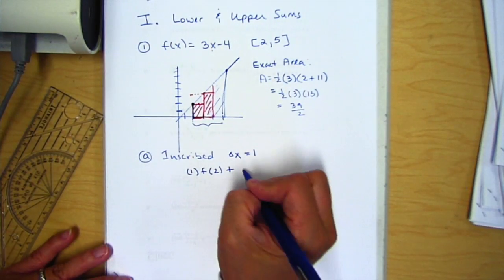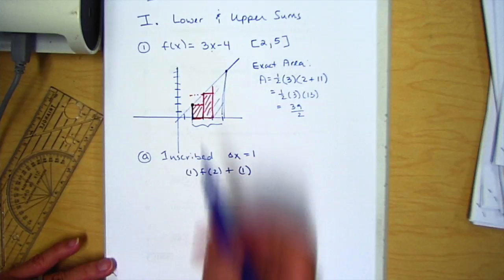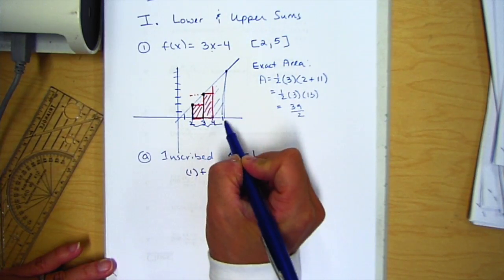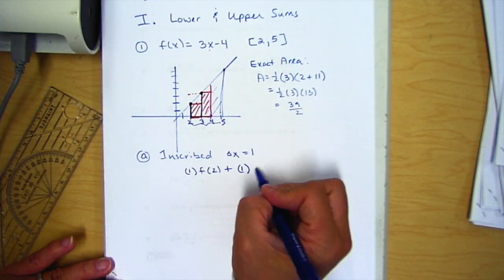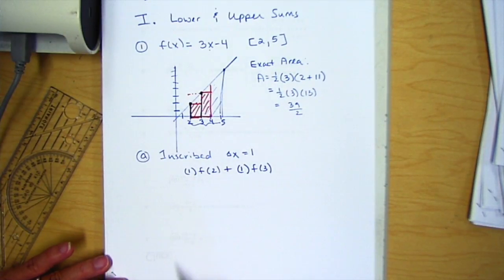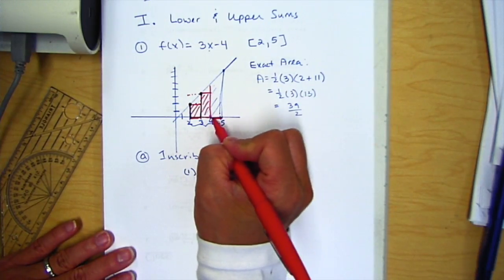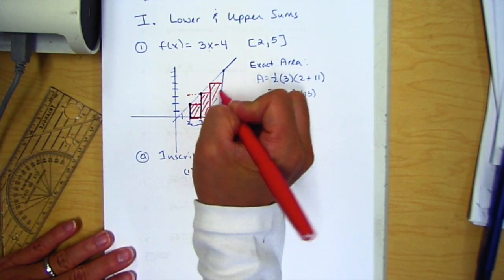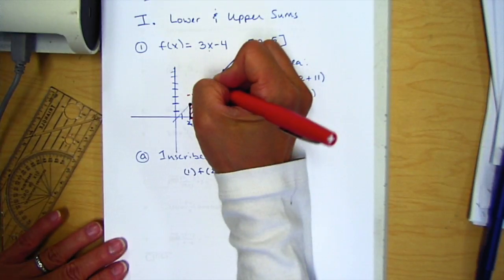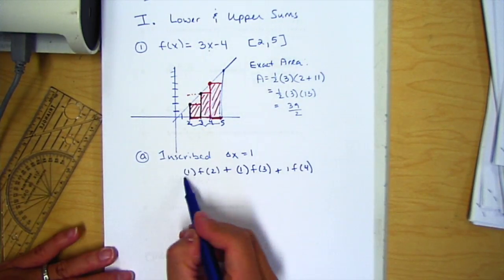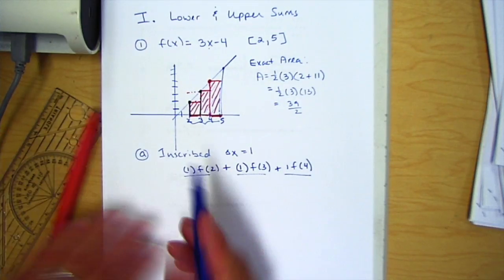The width is 1 again, and the height, this is 2, 3, 4, 5, is f of 3. Go ahead and continue this pattern. There's my next rectangle, there's my width, and the height of it is going to be f of 4. So I have 3 rectangles here.